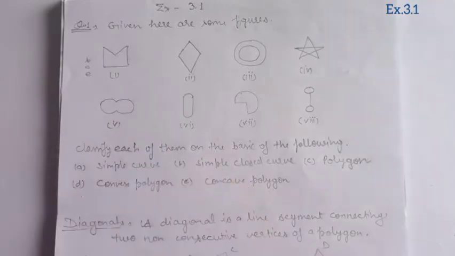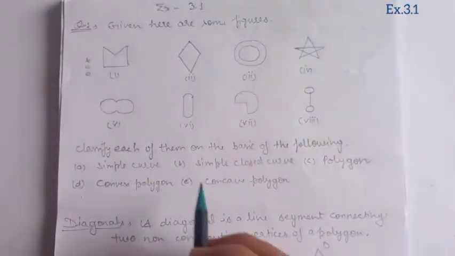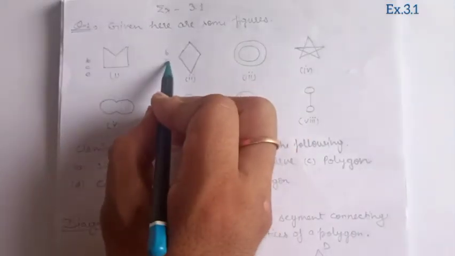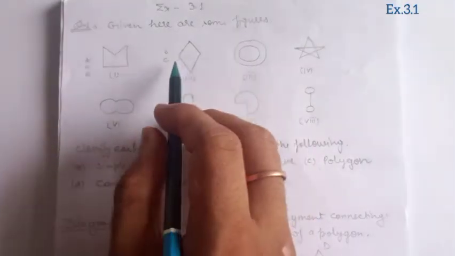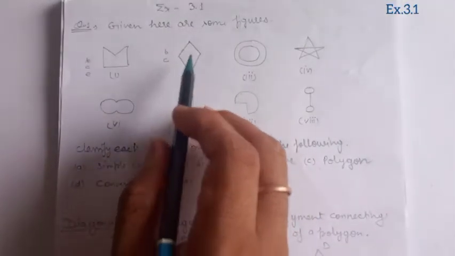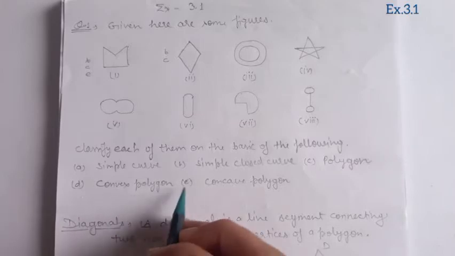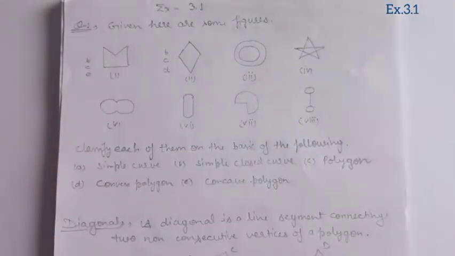Now let's come to figure number 2. Again it is closed and formed by line segments. So B, second C, it is a polygon, third, check all interior angles. Yes, all interior angles are less than 180, so it is a convex polygon. So D is also an answer for this shape.